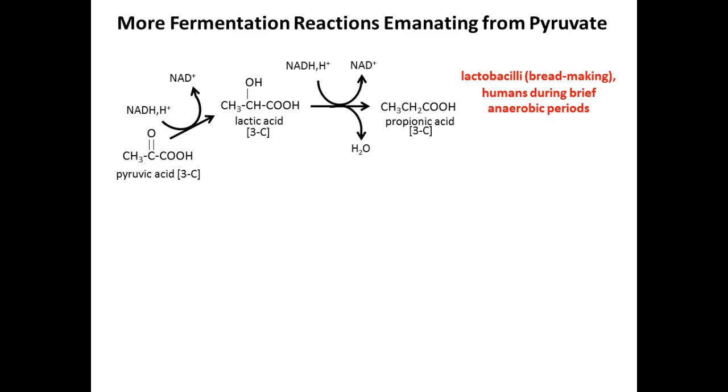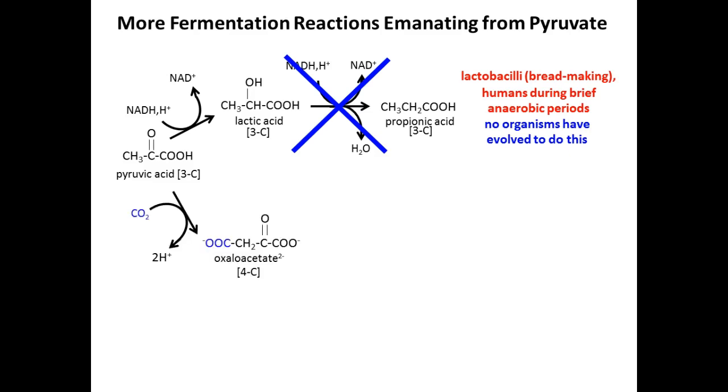Another step, again regenerating our electron carrier, can form another acid, propionic acid. No organisms have evolved to go from lactate to pyruvate that we're aware of. They do it a little bit backwards. They convert pyruvic acid into oxaloacetate, which remember is one of the intermediates in the Krebs cycle.